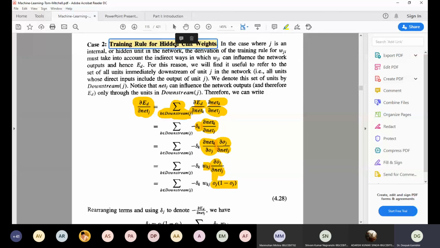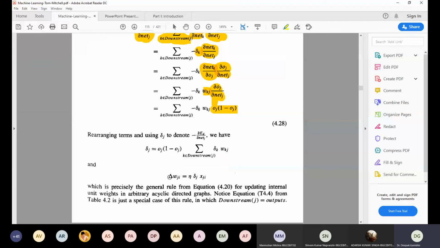So in the case of the training rule for the hidden unit, if you compute the weights, then delta w is given by, the minus would be cancelled out, and the delta used here, that is from input to the hidden layer, is something different: oj times (1 minus oj) multiplied by the summation over k going downstream from j of delta k wkj.